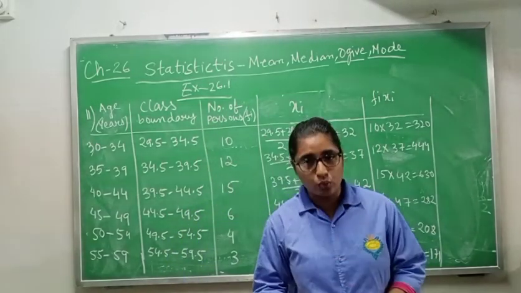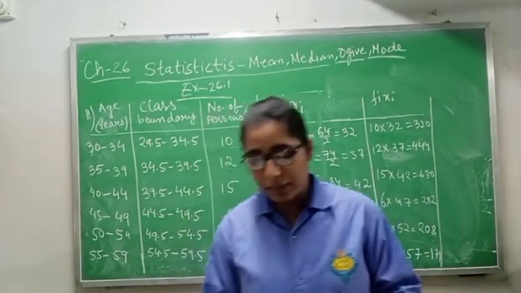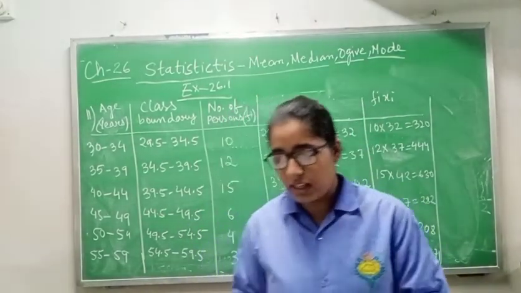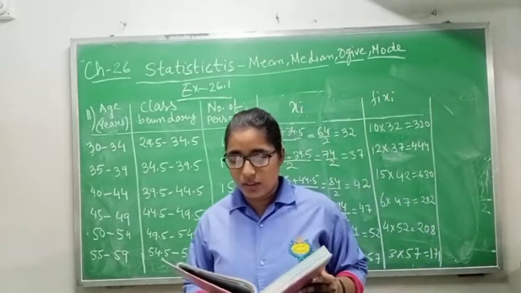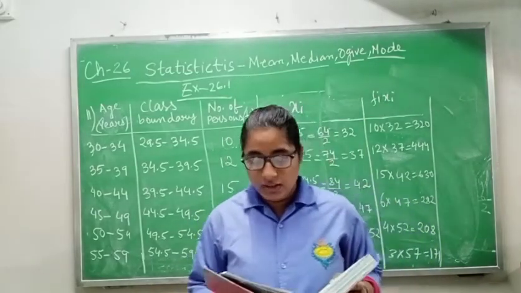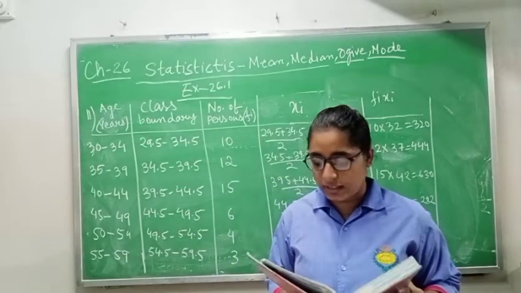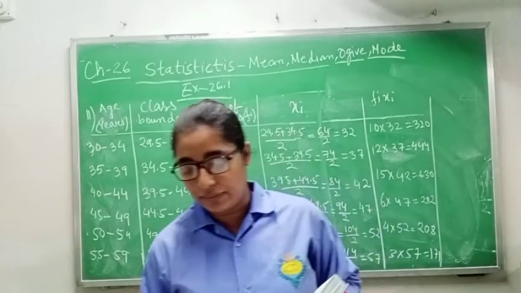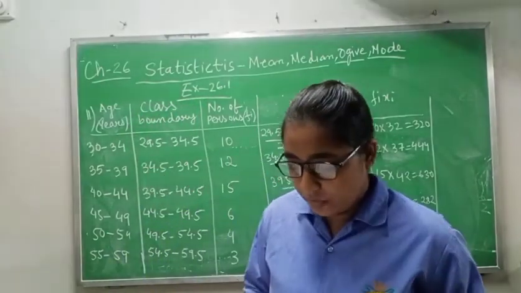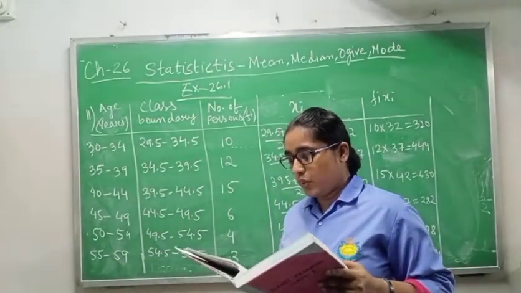Average means mean only, using the table. Now in the table you can see age in years is given: 30 to 34, first one. The second one is 35 to 39. Third one is 40 to 44, then 45 to 49, then 50 to 54, and then 55 to 59. Number of persons: 10, 12, 15, 6, 4, 3.